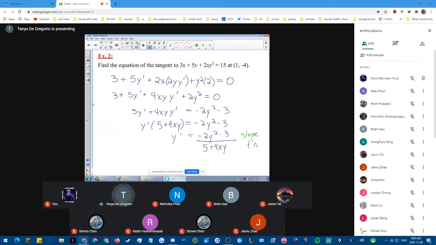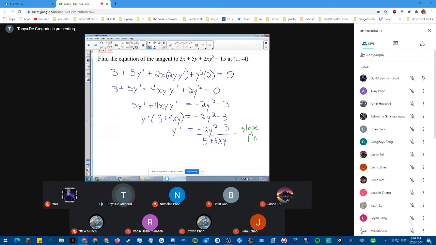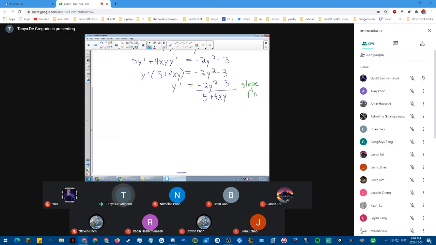Now from here, I need to find the slope. In order for me to get an equation of a line, I need a slope. So I'm going to sub in the point that they gave me. They gave me x and y, so I don't need to solve for anything: 1, -4. So we're going to sub that.